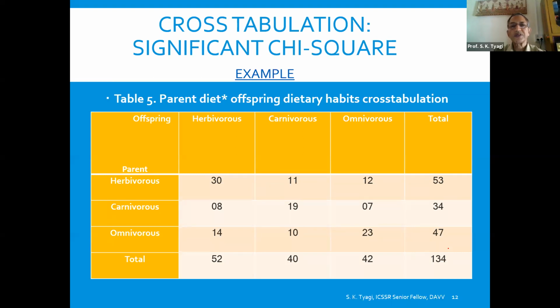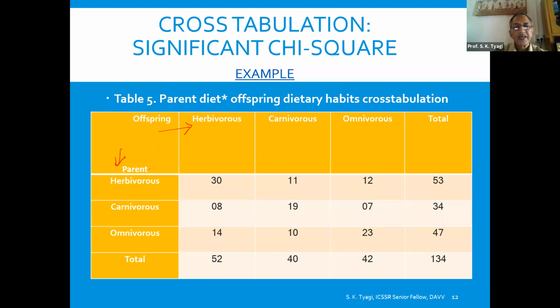This is cross tabulation with significant chi-square, and the example is regarding the dietary habits of parents and their children, offsprings. So these are the parents and these are offsprings. So we have taken one parent and one offspring, father and son, or father and daughter, mother and daughter.